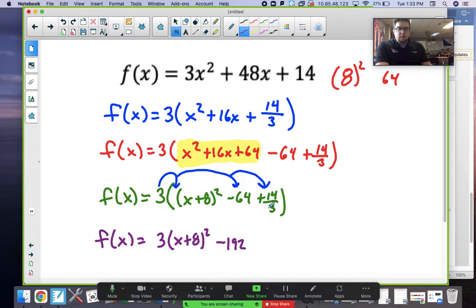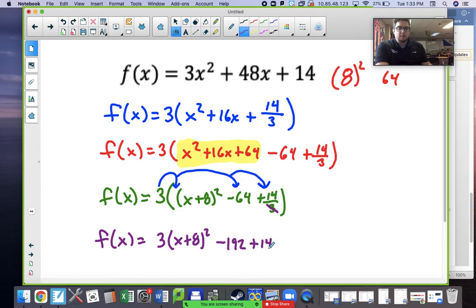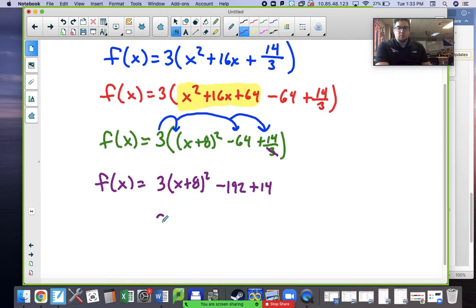But then this 3 multiplies the 14 thirds and actually gets rid of it, back to just 14. So I kind of just stored the 3 on the outside for safekeeping. I combine my like terms. I get negative 178 for our vertex form.